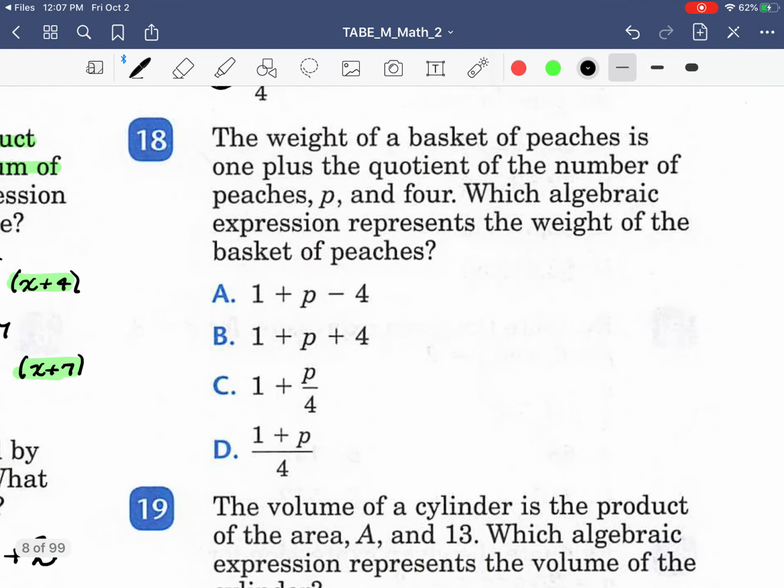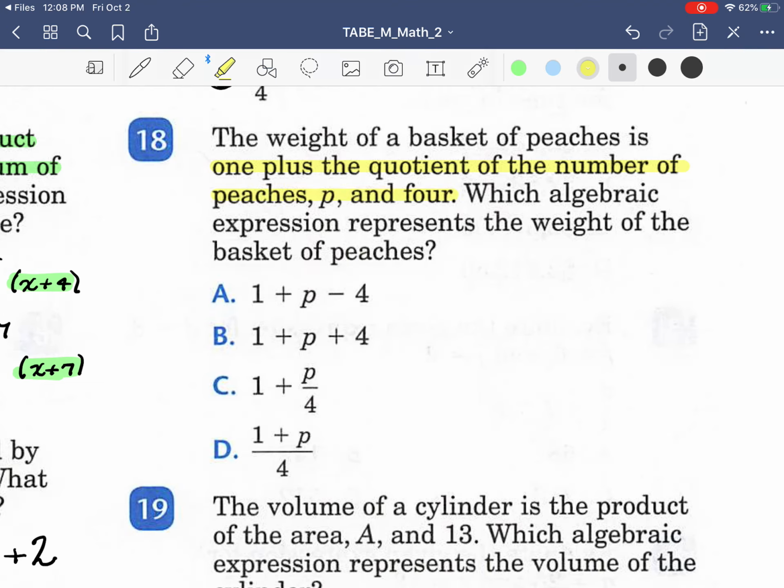The weight of a basket of peaches is 1 plus the quotient of the number of peaches, P, and 4. Which algebraic expression represents the weight of the basket of peaches? So we have 1 plus the quotient of the number of peaches and 4.